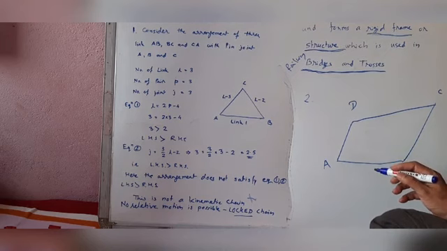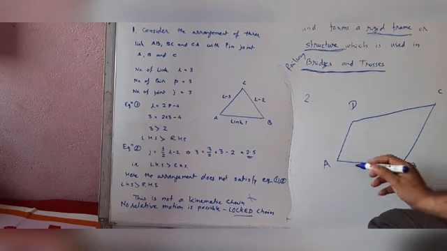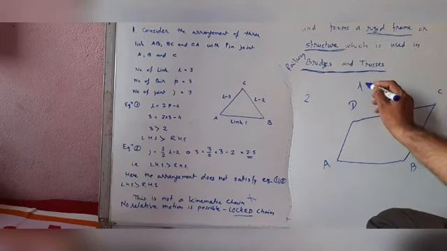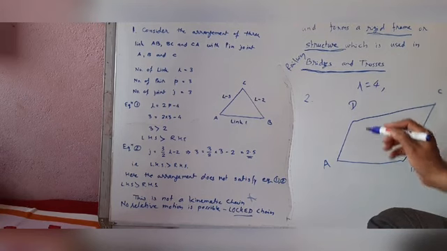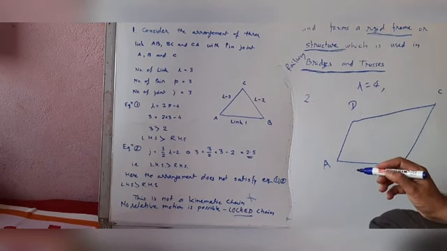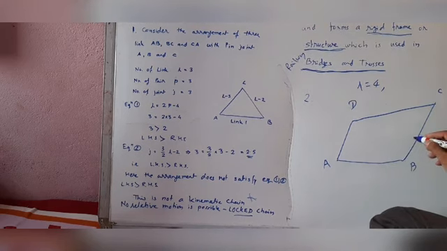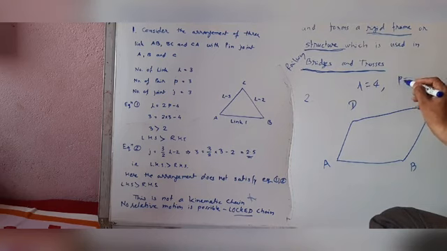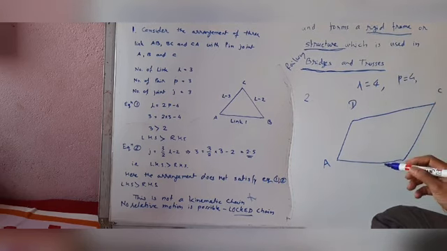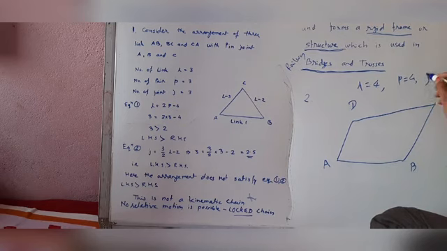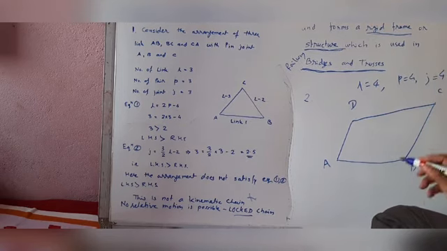Now the number of links L equals 4. Then the number of pairs: 1 pair, 2 pair, 3 pair and 4 pair, so the number of pairs is also 4. And the number of joints, 1, 2, 3, 4, is also 4.